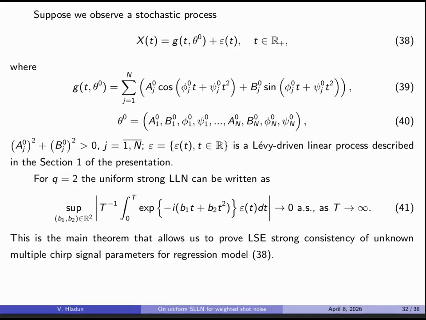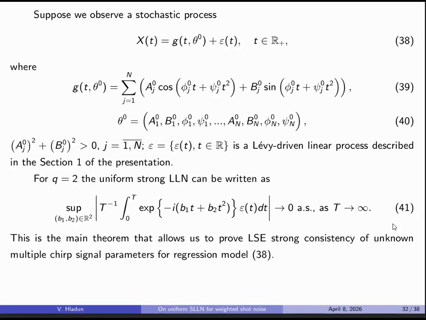Professor Kukush, could you repeat? We have two estimators, least squares and periodogram, and we normalize both estimators in the same way and take a limit as T tends to infinity. It is a limit in distribution, so a weak limit.